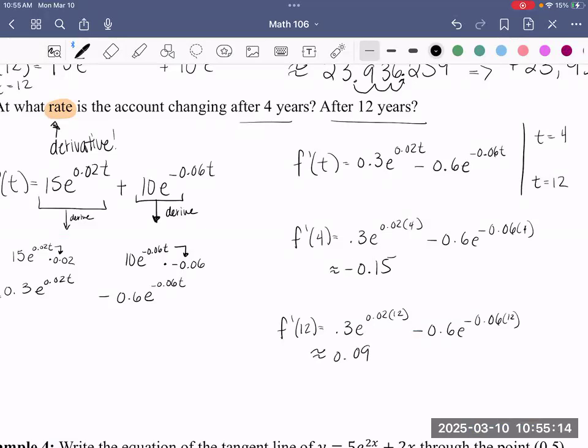Well, it means that we are decreasing in your account after that 4 years by about $1,500 per year, or in our case, it could be $15,000 per year.